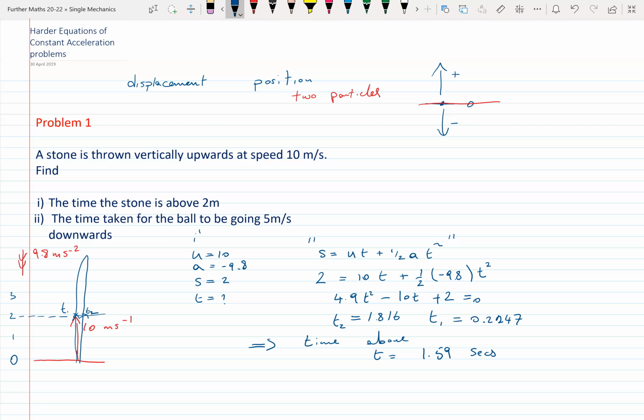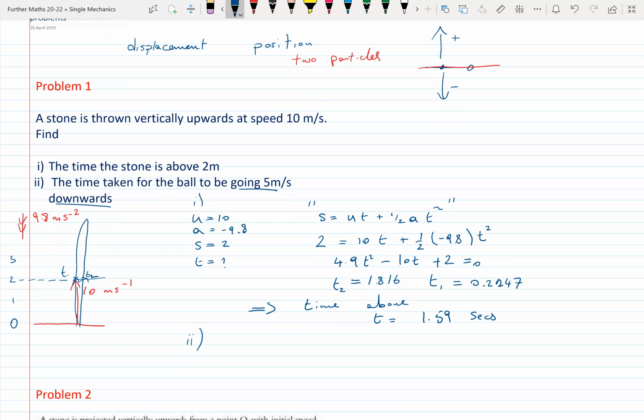The second part is again about making sure that we get the signs right, because it's going downwards. We've got u as 10, v as minus 5, t is what we're asked to find out, and g equals minus 9.8.